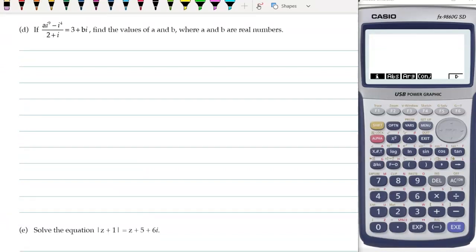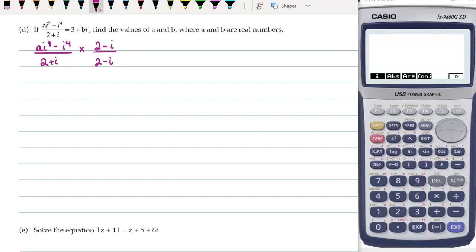On part D, we've got a little bit of work to do in sorting out these bits and making things equivalent so we can work out the values of a and b. So let's start by rationalizing the denominator on the left. So ai to the 9 minus i to the 4 over 2 plus i. We're going to times it by 2 minus i over 2 minus i.